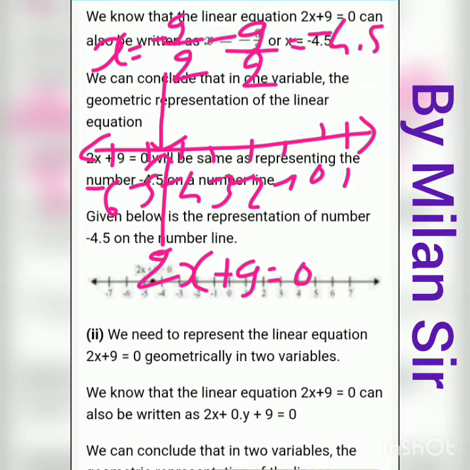If we want to represent this equation in one variable, then we get only a single point here. So for one variable we need to draw one number line and represent our equation on it, and we get only a single point. That single point is in between minus 4 and minus 5.